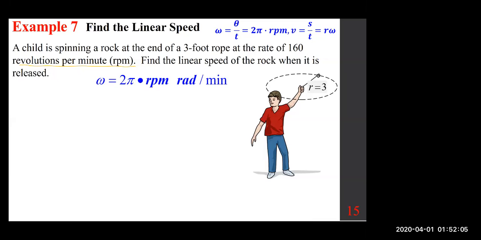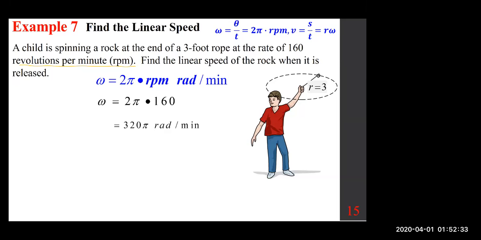And the units become radians per unit of time, everybody. When you multiply by 2 pi, the units become radians per minute. And so now it's 2 pi times 160, it's 320 pi radians per minute, okay?